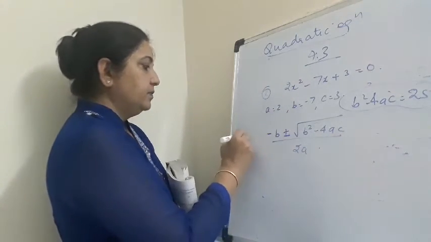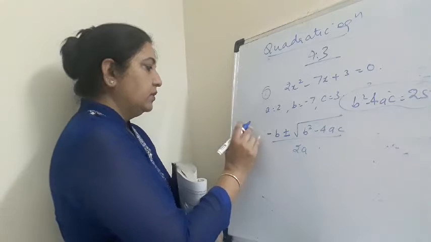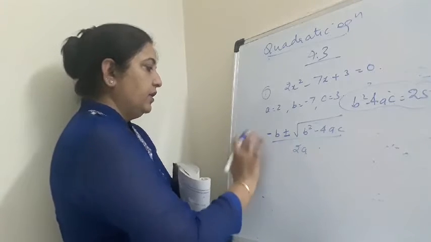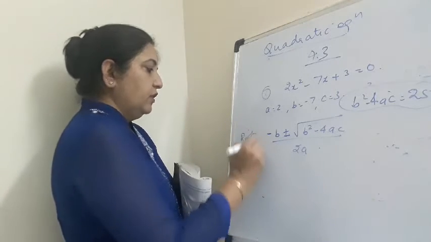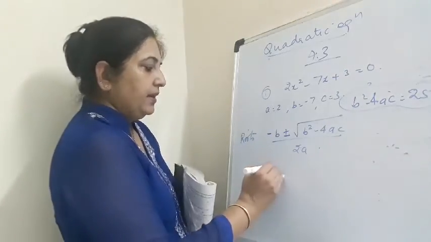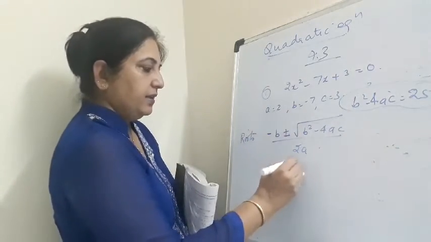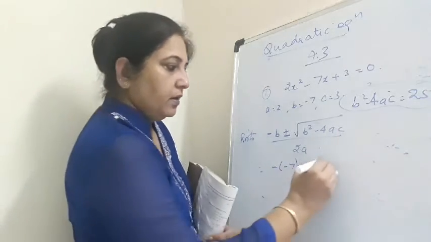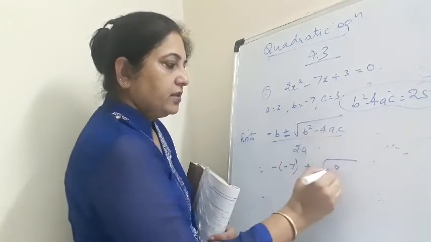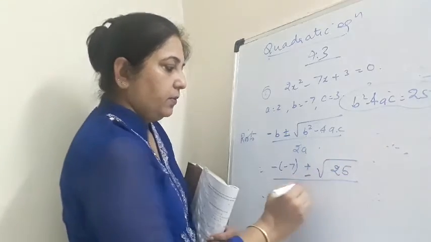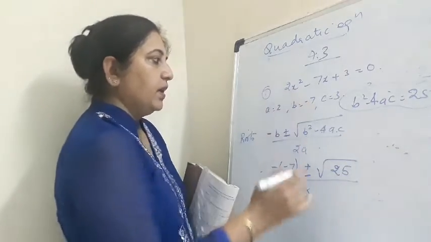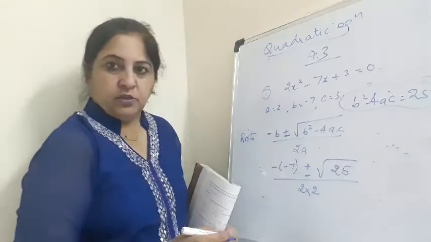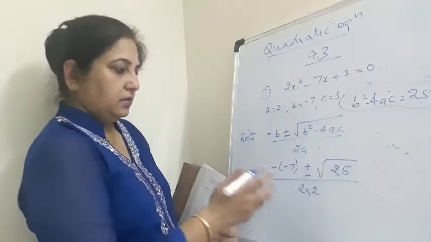So we will write the first root. The first root will be minus, what is b? Minus 7 plus minus, what is b square minus 4ac? 25 upon 2 into a, how much? 2. So see that you correctly apply the values.